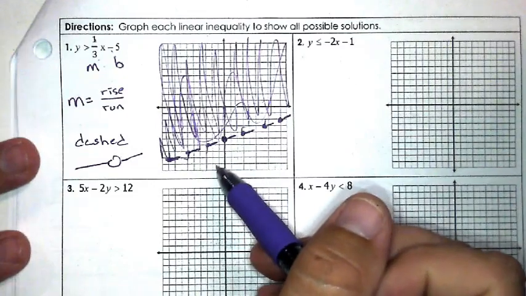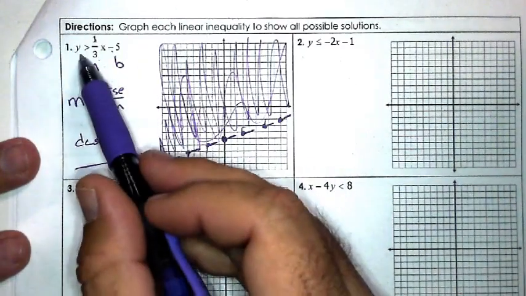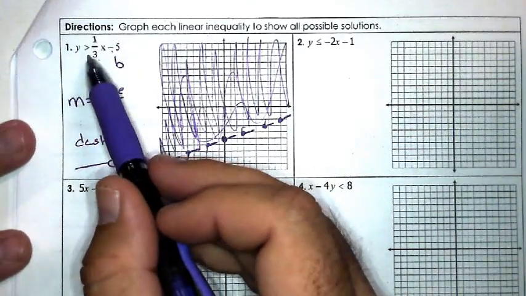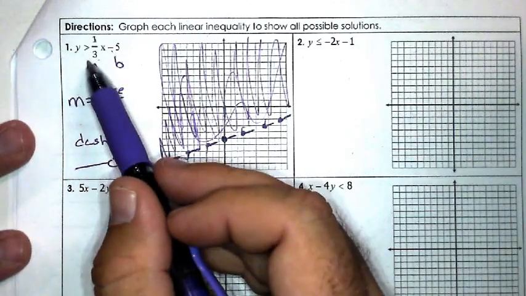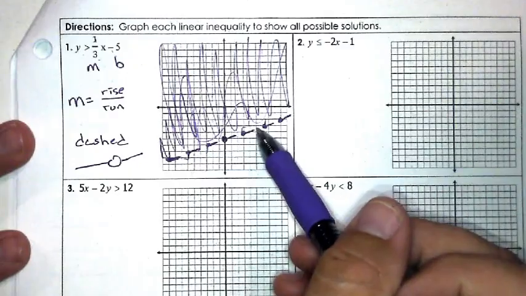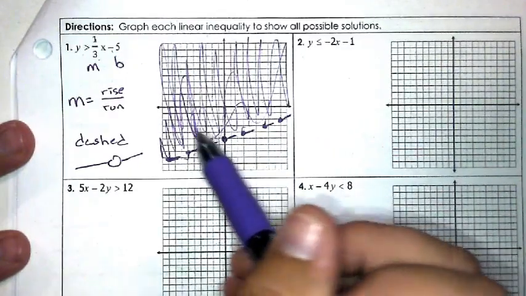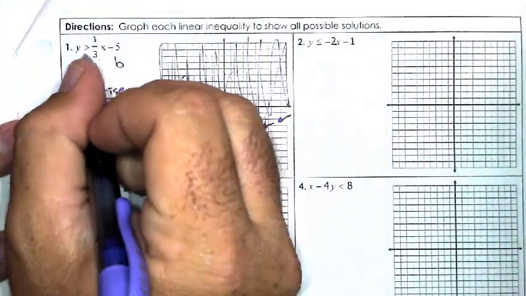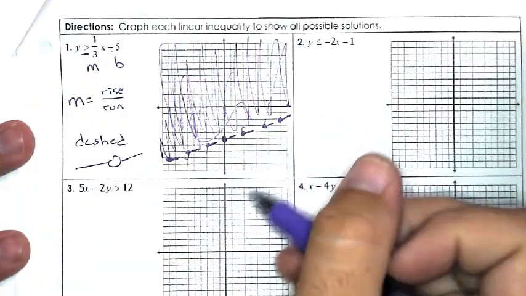So I like to go back to what I originally taught y'all, inclusive or not inclusive. If it's not inclusive, then my line needs a bunch of holes, so a dash line. If it is inclusive, like if it was this, I would do one solid line because there are no holes.